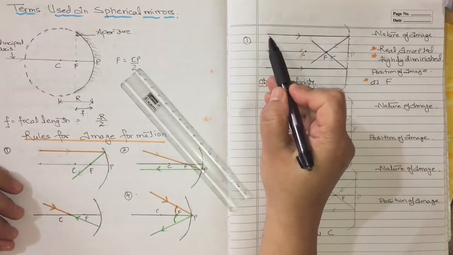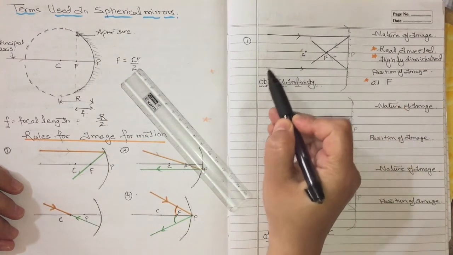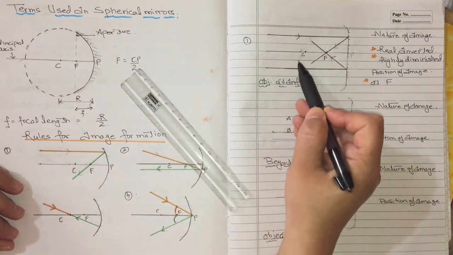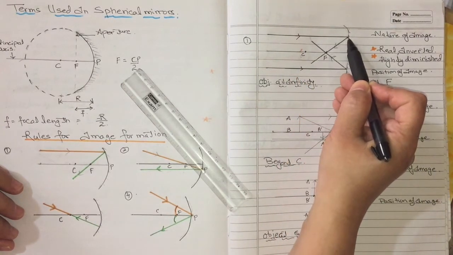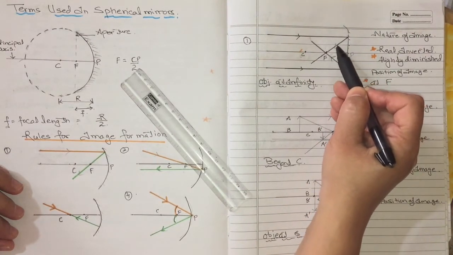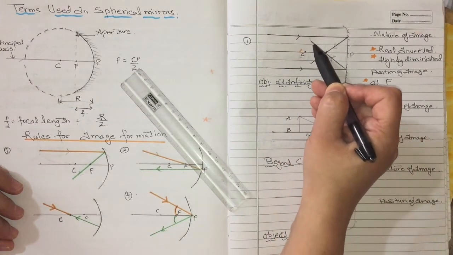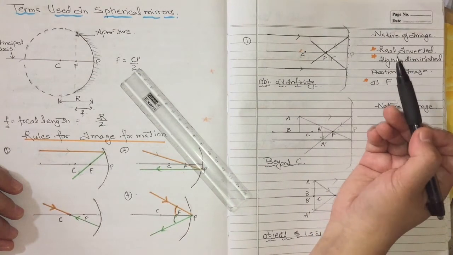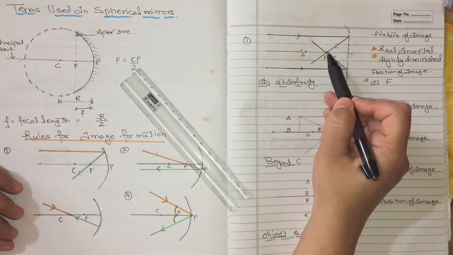When the rays are coming from the object which is at infinity, you have to show the 2 rays coming which are parallel on either side of the principal axis, right? After these rays are bouncing off the mirror, they are bouncing back and passing through the focus. Wherever these 2 rays are meeting, they are forming an image. In this case, they are meeting at focus, so the image is formed at focus.